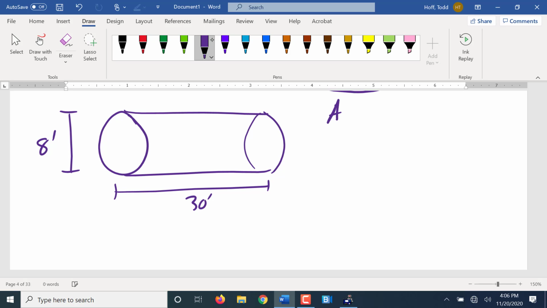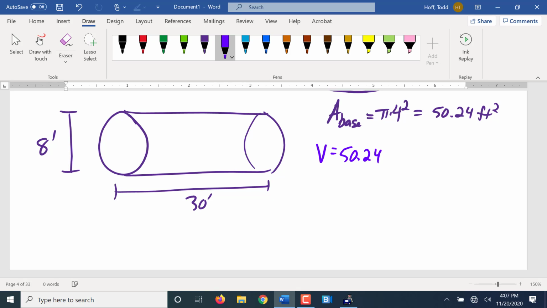So the area of our base would be pi times 4 squared, or 50.24. And then our volume, 1507.2. Perfect. So 1507.2 cubic feet.